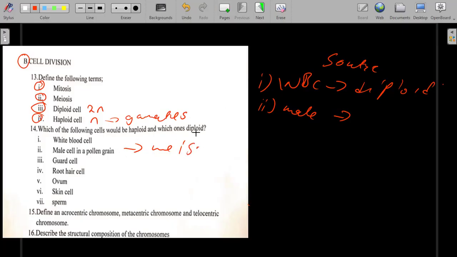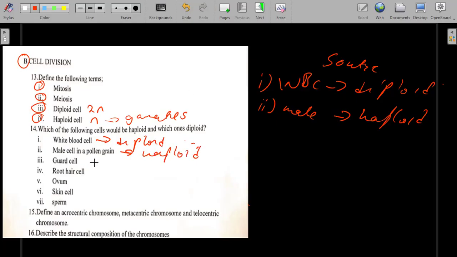The first one will undergo what we call mitosis for white blood cell. So this one is going to be meiosis. For meiosis, you will know that these are going to be haploid cells. So for part two, it's going to be haploid. So the first one was diploid, then the second one is going to be haploid.